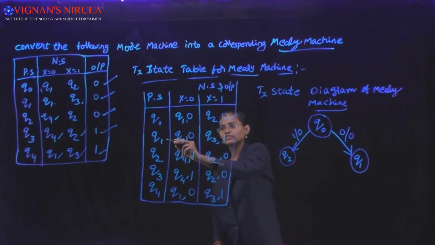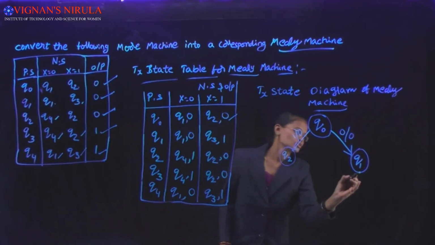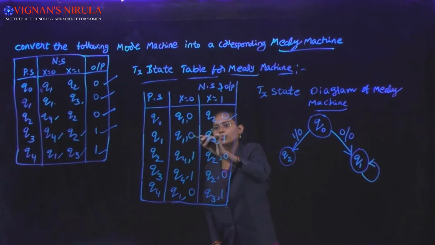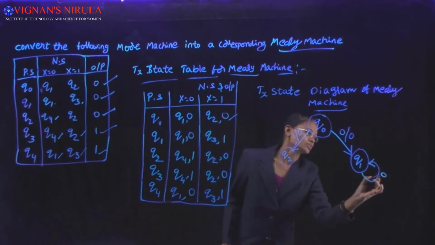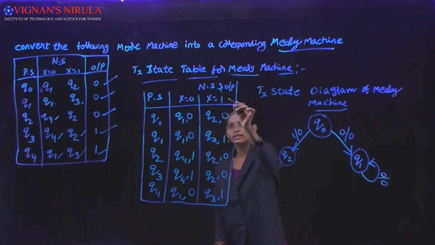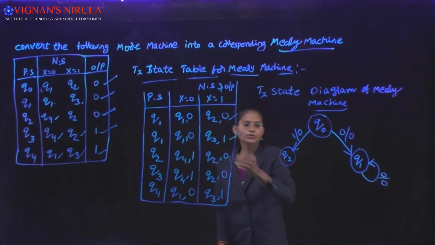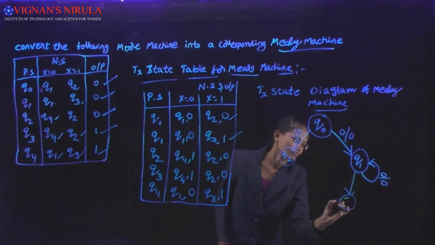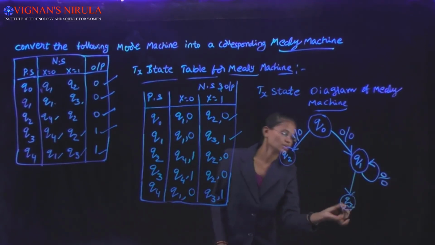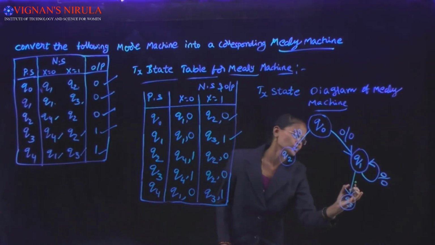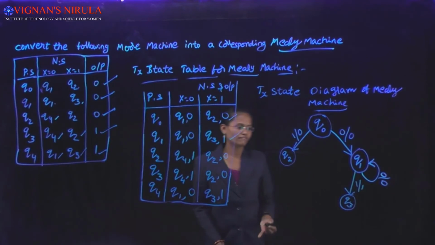Here the Q1, if x equal to 0, the next state produced is Q1. So this is the self state. Here the input is 0, then output is 0. So 0 by 0. If x equal to 1, the next state produced is Q3. Here the input is 1, then output is also 1. So it is 1 by 1.